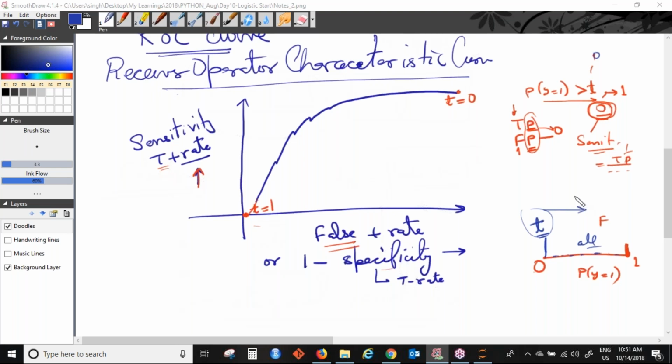Okay. So when you are saying all as 1, when you are predicting everything as 1, what will be the sensitivity? Remember yesterday's example, when we were predicting everything as 1, what was our sensitivity?